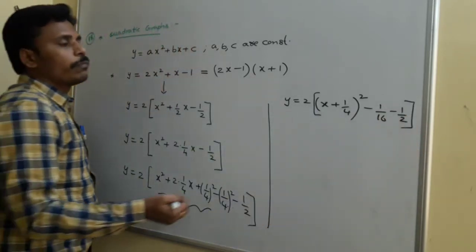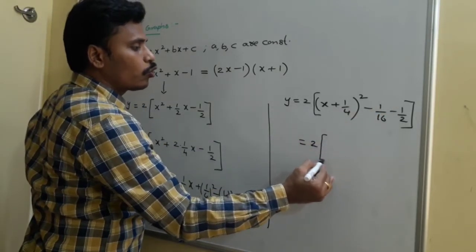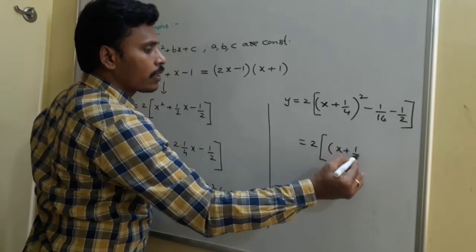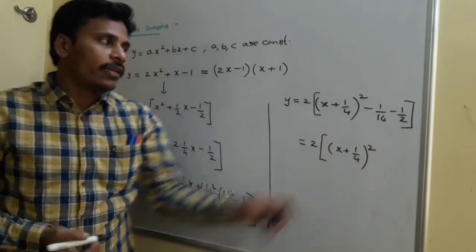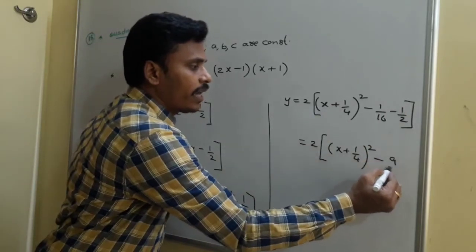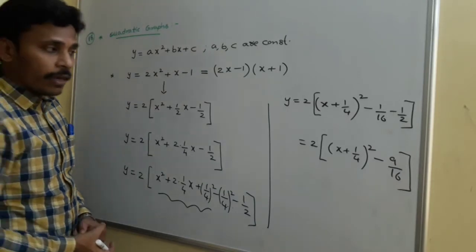If you simplify it, minus 1 by 16 minus 1 by 2 is nothing but 2 times of x plus 1 by 4 whole square. Then if you multiply with 8, you will get minus 9 by 16. Is it clear? Minus 9 by 16.